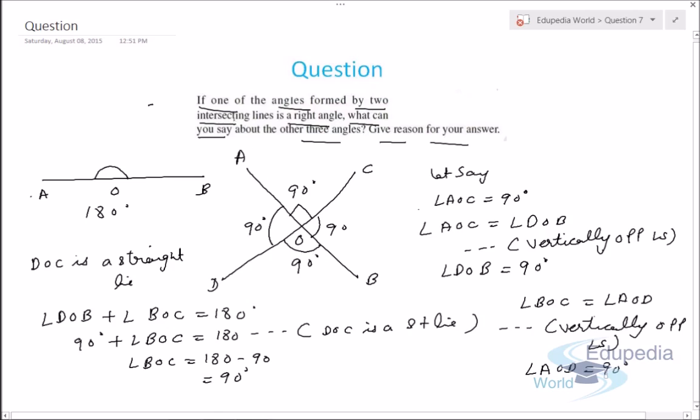So what we can conclude from this is that if one of the angles formed by the two intersecting lines is 90 degrees, then all the other angles are also 90 degrees each. So let's move on to the next question.